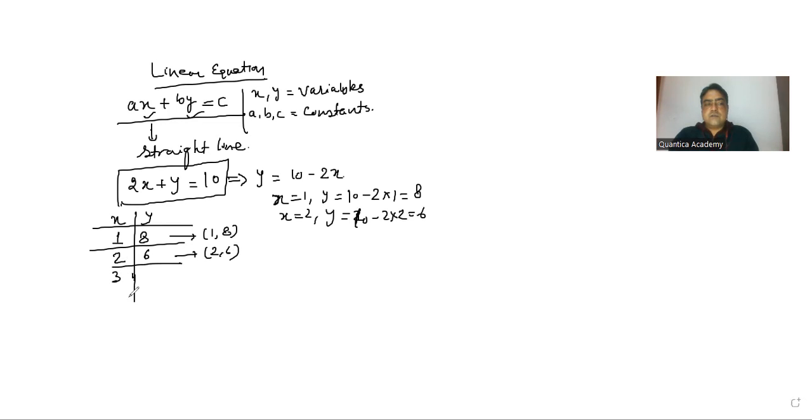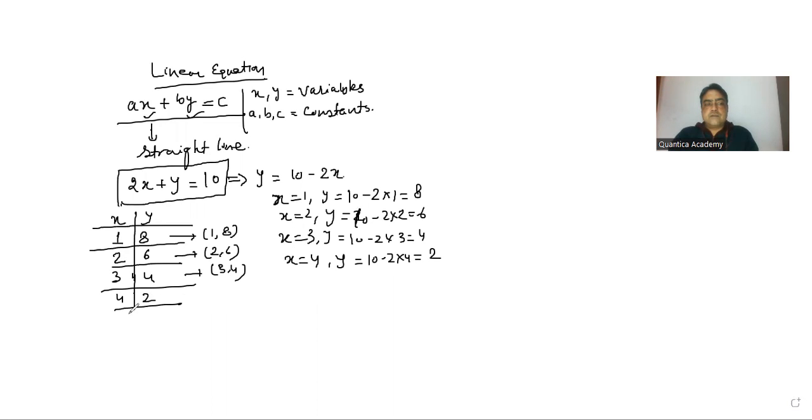Similarly, for 3, just calculate from the equation directly: 10 minus 2 into 3, that is 4. So we have a third point (3, 4). For x equals 4, we have y equals 10 minus 2 into 4, that is 2. And for 5, we have 0.